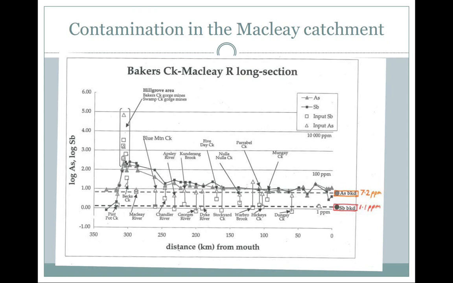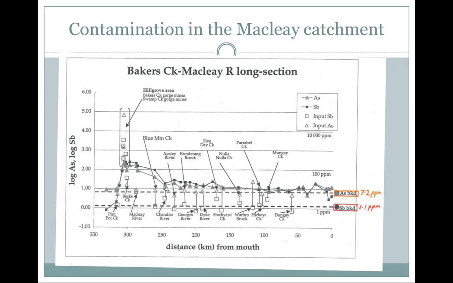So here's a graph. This is work done by Paul Ashley. We have log arsenic, log antimony, looking at the Hillgrove, Bakers Creek area. So the Hillgrove mine is the headwaters to the Macleay River, a prominent river on the East Coast. At the mine, we have substantial concentrations above background, 5 log units for this material.